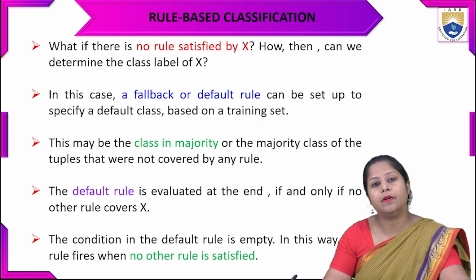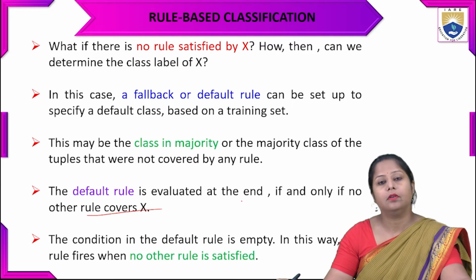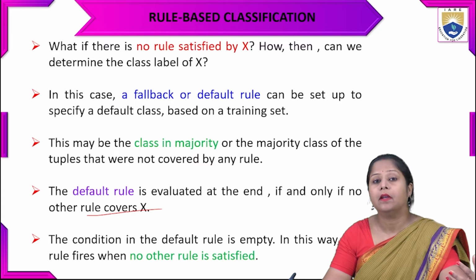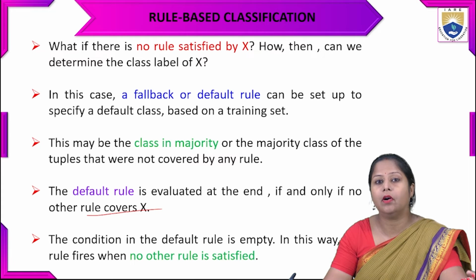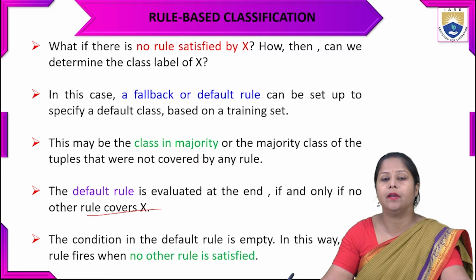We have to check whether it is correct or not, and only if no other rule satisfies the data tuple can we say that the default rule we have written is the correct one.